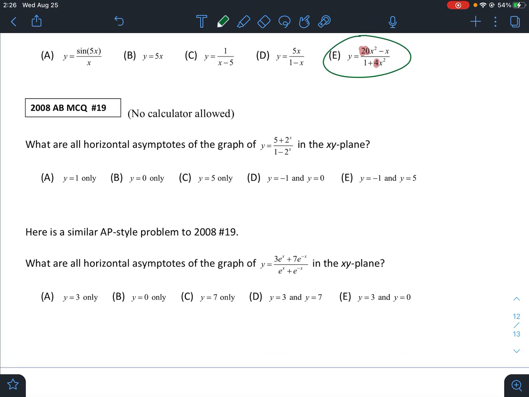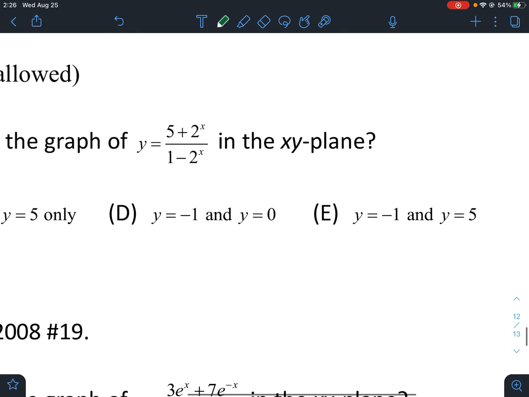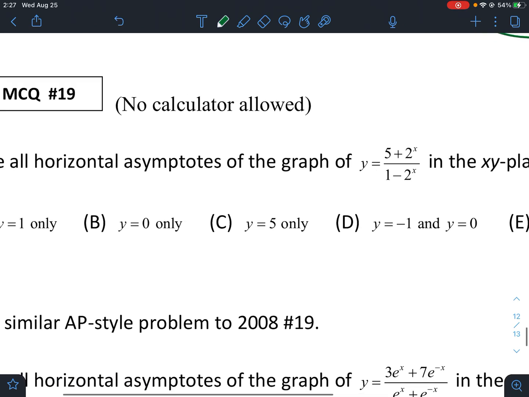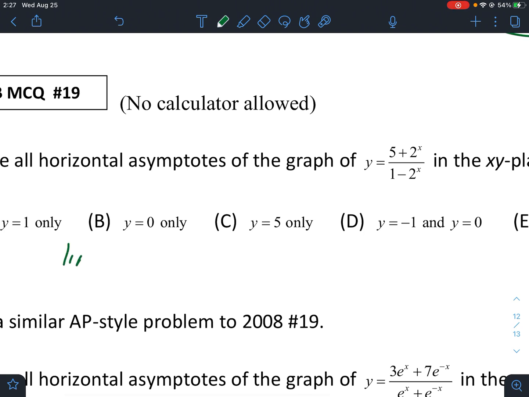What are all the horizontal asymptotes of the graph of 5 plus 2 to the x over 1 minus 2 to the x in the xy plane? So what we're going to do here is the limit as x approaches infinity of this function, and then we'll also do the limit as x approaches negative infinity of this function.